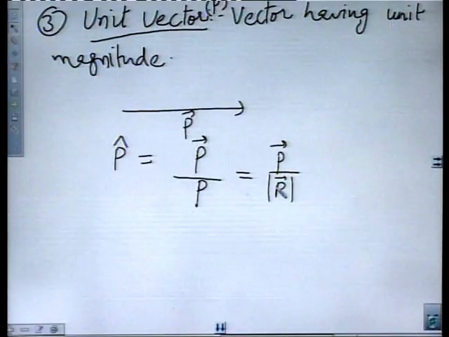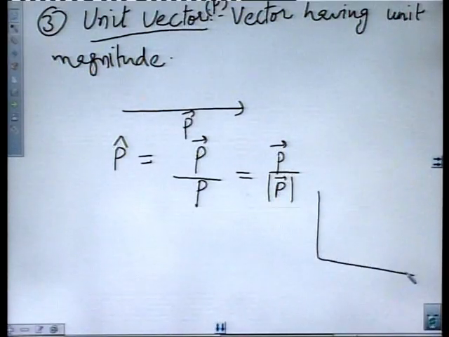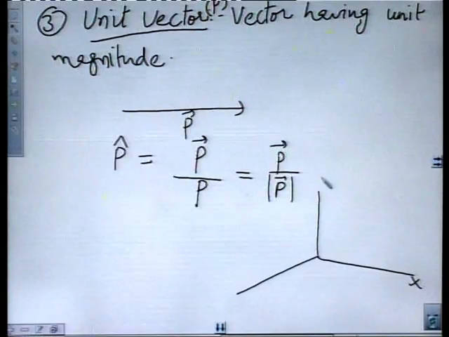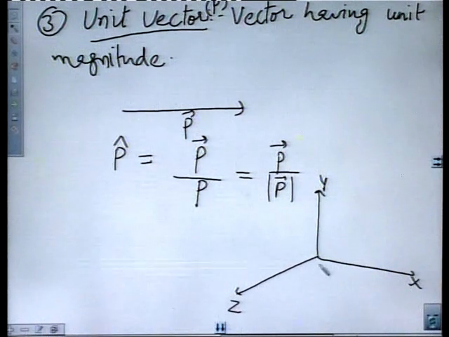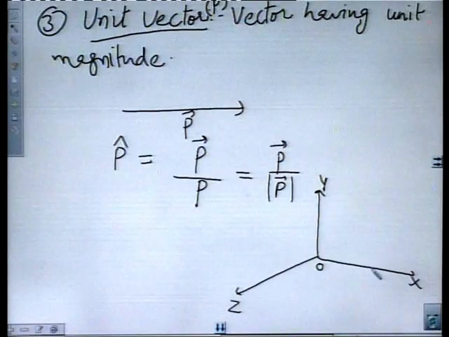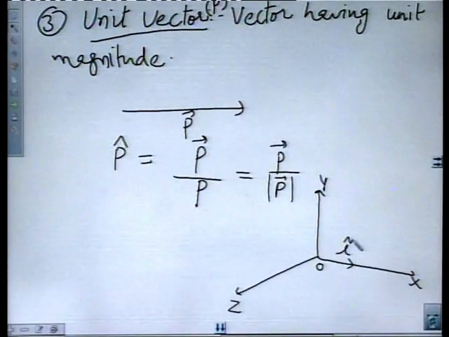Remember, in the Cartesian coordinate system, this is the x-axis, this is the y-axis, and this is the z-axis. This is the origin. If we take a unit vector along the x-axis, then it is taken as i cap.